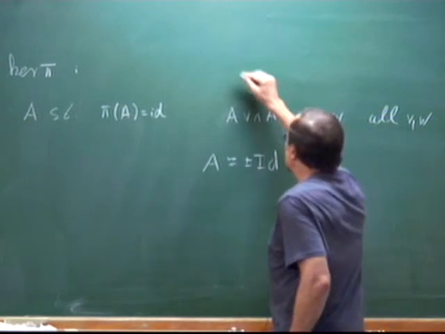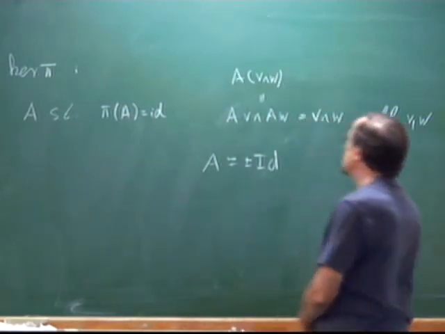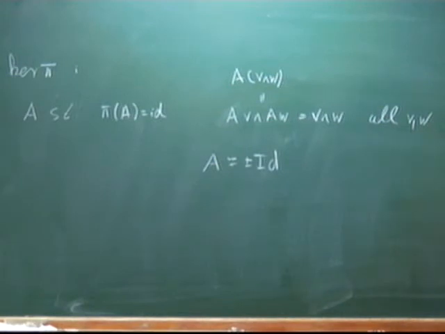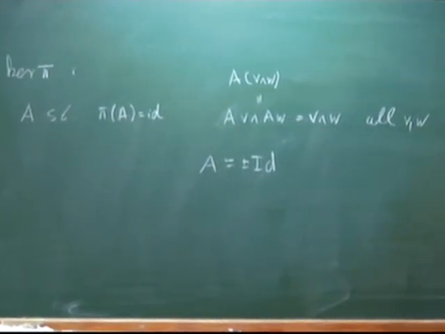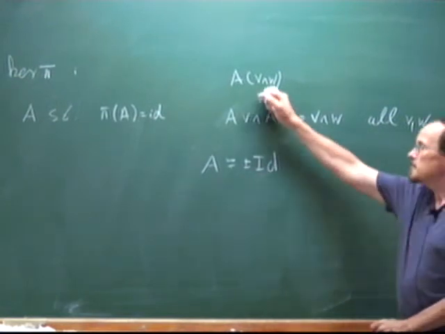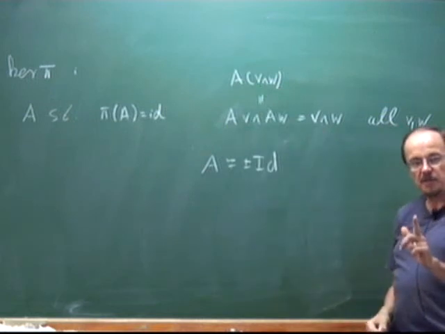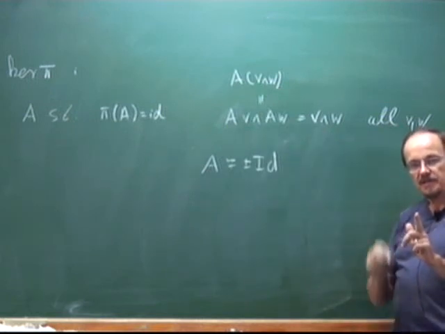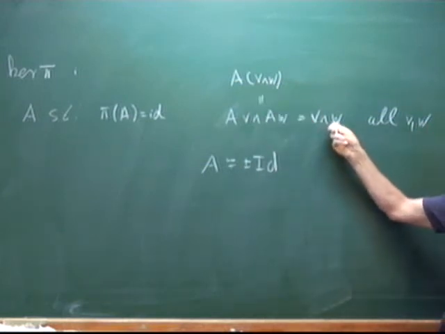So this was A of V wedge W. I can think of V wedge W as sitting in the two-plane spanned by V and W. It's the wedge product of two vectors in that plane. It's supposed to map that plane to that plane. That's what it says.